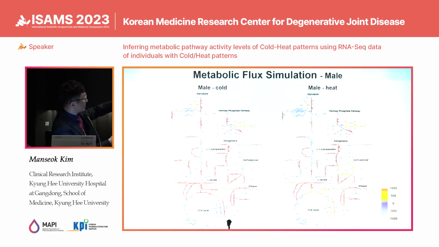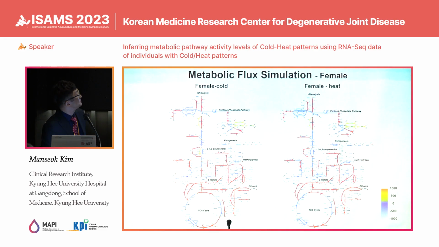Those metabolic reaction activities are presented in this color scale, so you can directly compare using the colors. Let's take a look at the differences. Here, we can definitely see the difference, right? This part is the difference in glycolysis, and this reaction has alterations between heat and cold, and this part also has alterations.